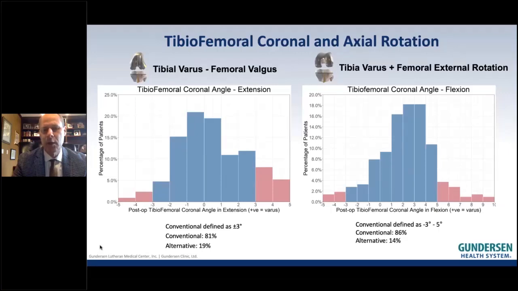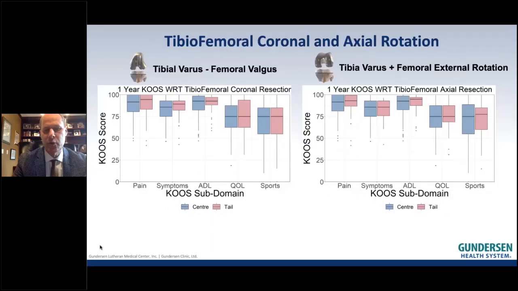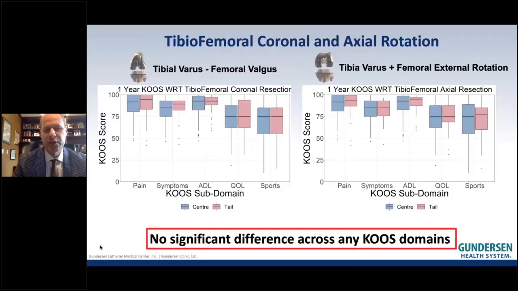On the rotational alignment, it went up now to -3 because we want to take into account if you're going to cut your tibia in a couple degrees of varus. Again, if we look at the difference between those groups across the spectrum, we see there's no significant difference across any of the Coues domains.